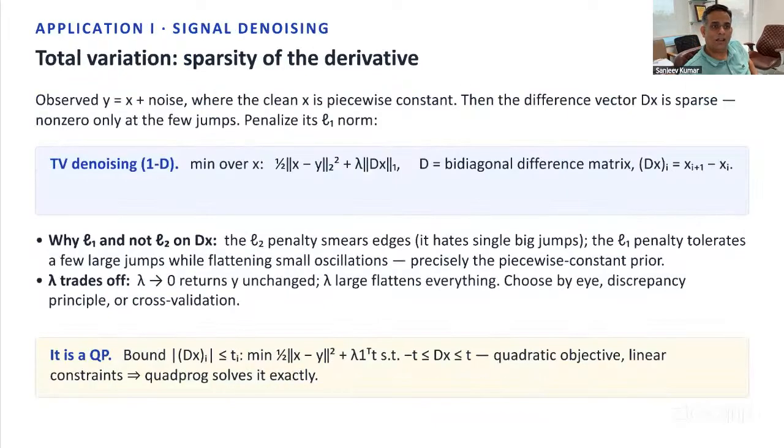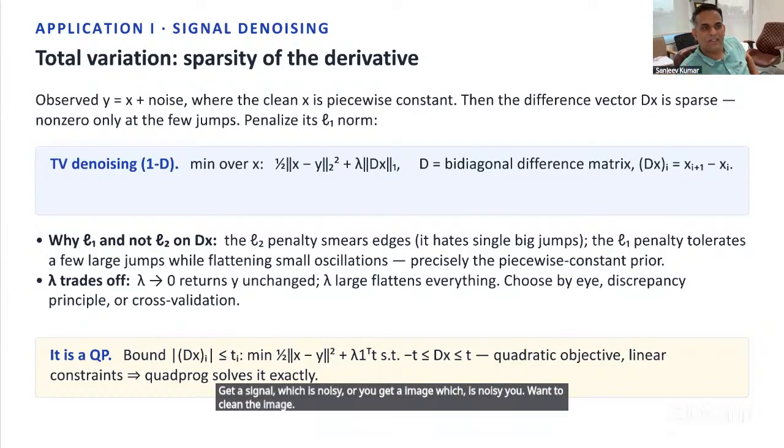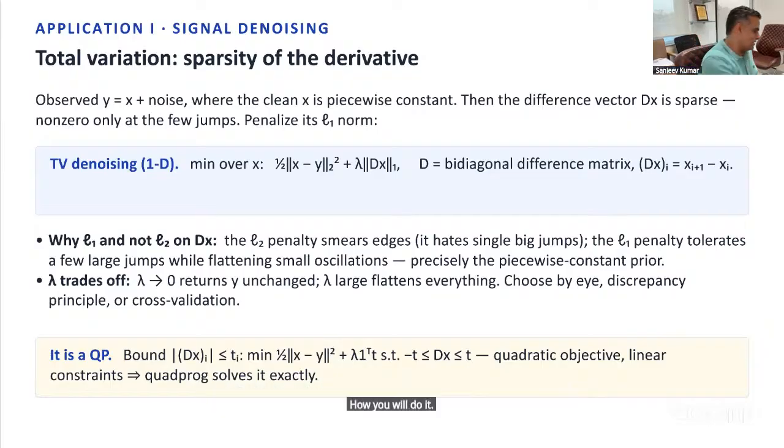What are the applications of all those? So one of the applications is total variation. Okay. So suppose you get a signal which is noisy, or you get an image which is noisy. You want to clean the image. You want to denoise it. How will you do it? So suppose you got a signal y.